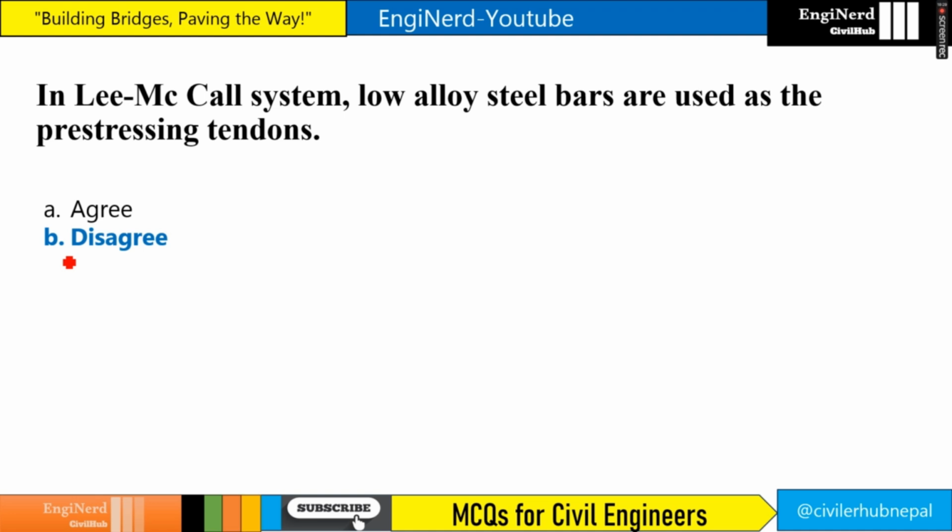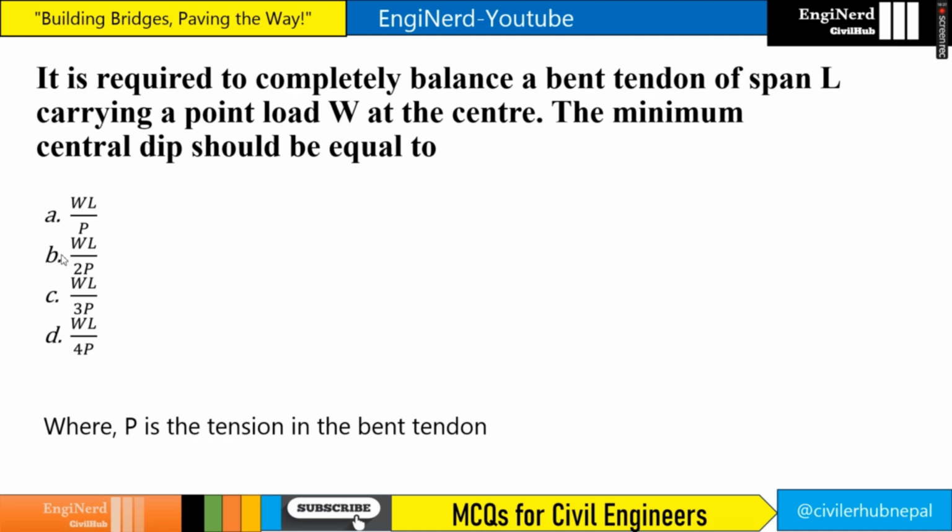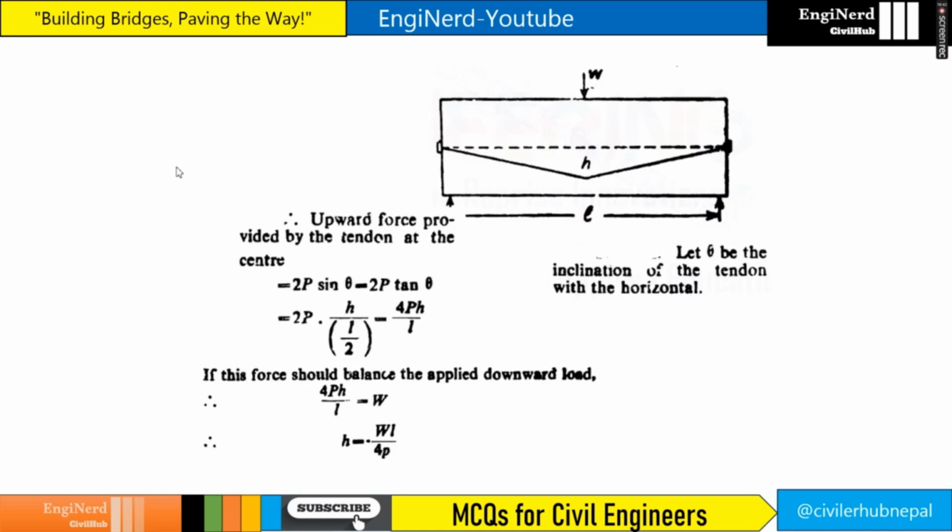Now next, it is required to completely balance a bent tendon of span L carrying a point load W at the center. The minimum central dip should be equal to, so we need to calculate the central dip, right? This is a beam, and W is applied at L by 2 at the center, and h is the dip.